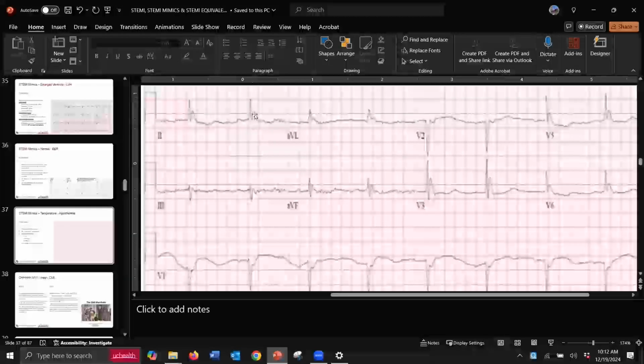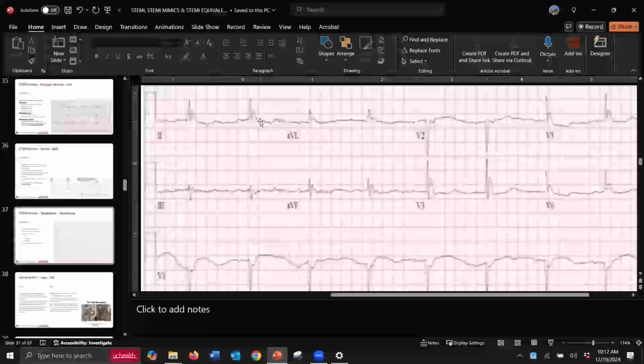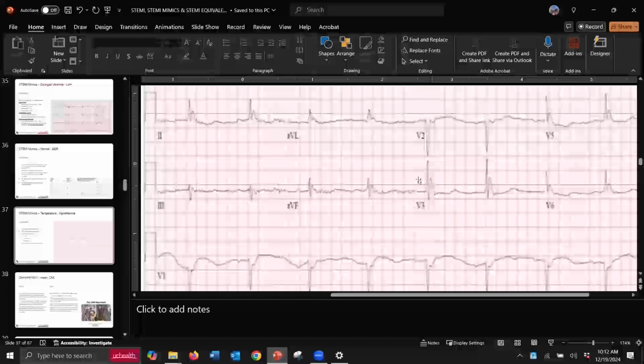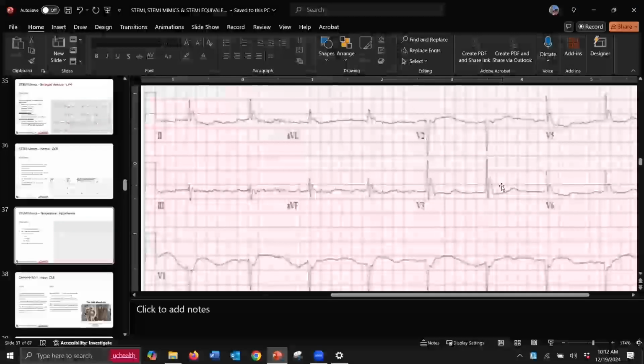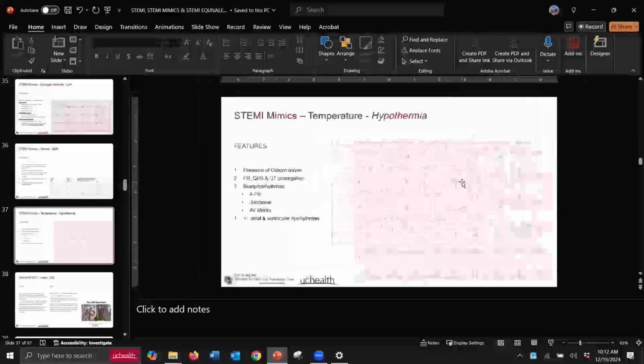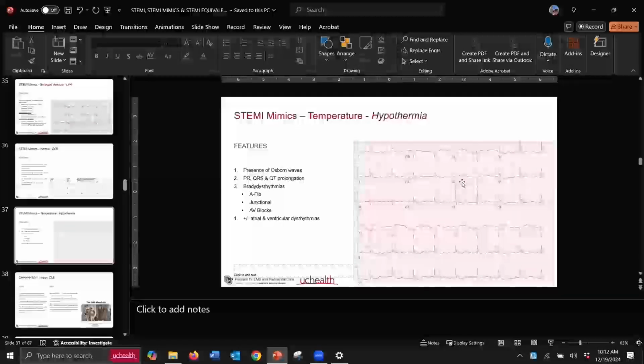We see the QRS that has kind of a camelback, right? Really interesting. But over here in V3, that's an absolute Osborne wave. There are very few causes for Osborne waves, one being hypothermia.